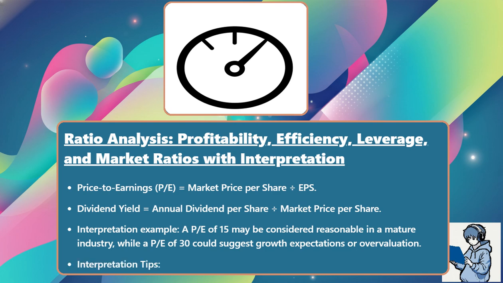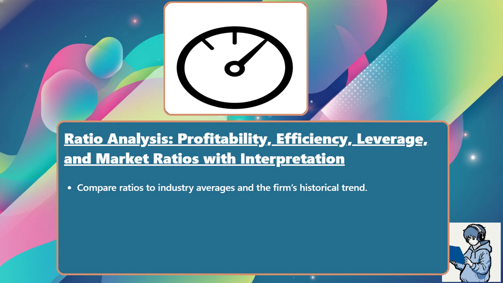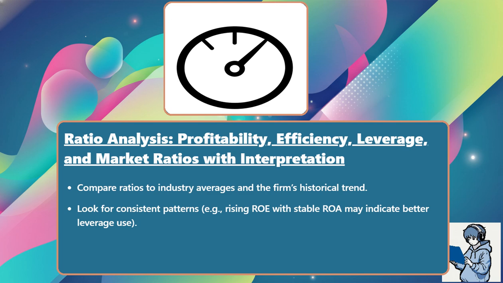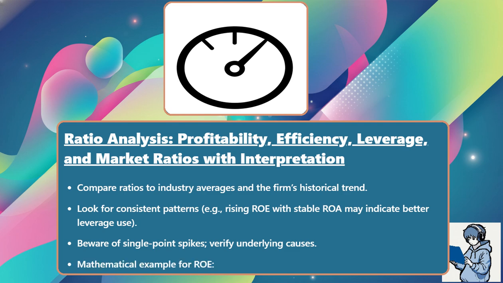Interpretation tips. Compare ratios to industry averages and the firm's historical trend. Look for consistent patterns. For example, rising ROE with stable ROA may indicate better leverage use. Beware of single-point spikes. Verify underlying causes. Mathematical example for ROE.